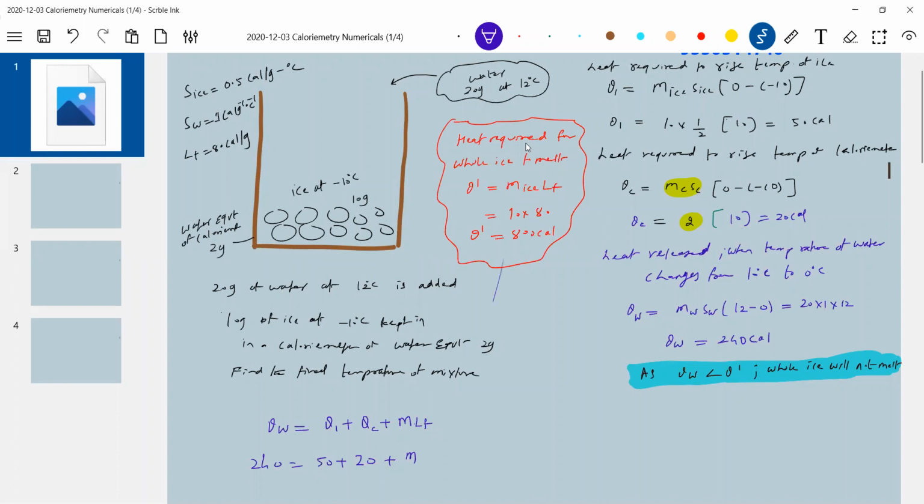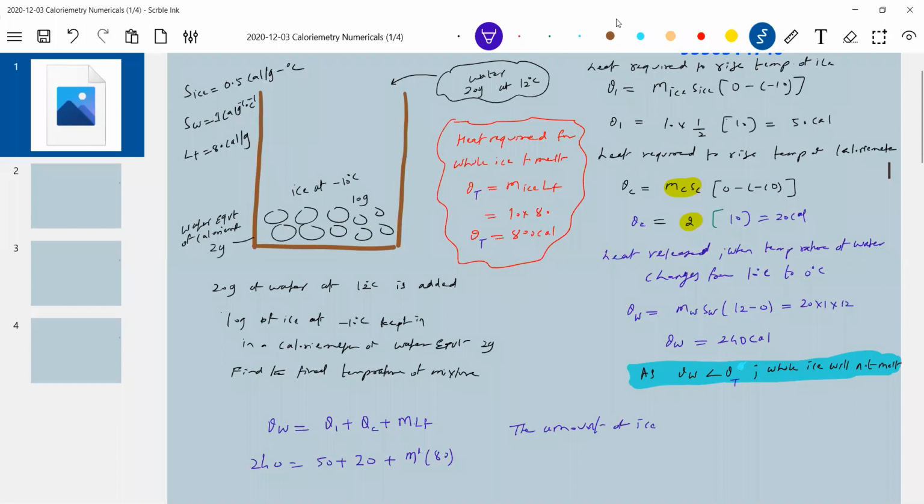Total, let it be like this. Here I'll put the M dash symbol. This will be LF. What is LF? 80. Anybody, value of M dash? 2.125.